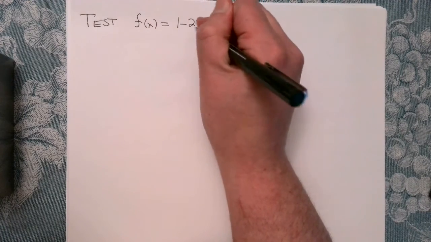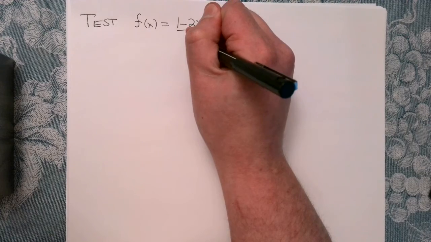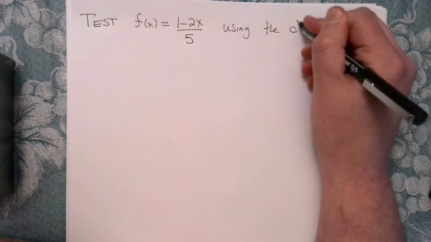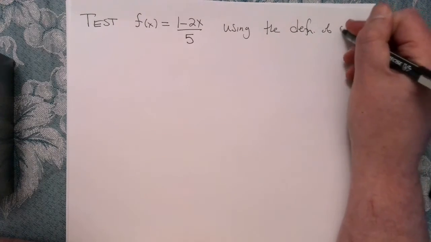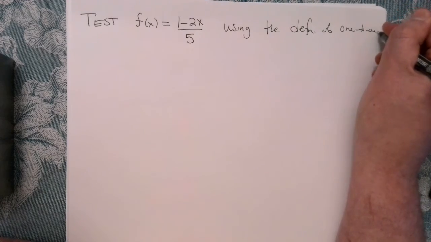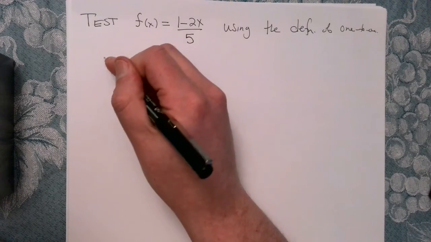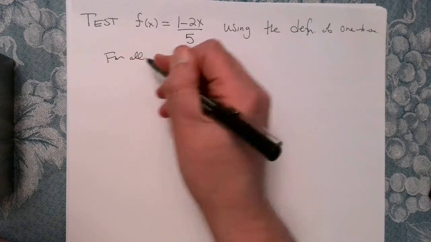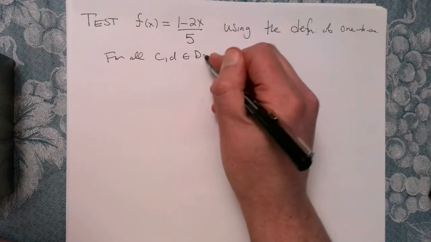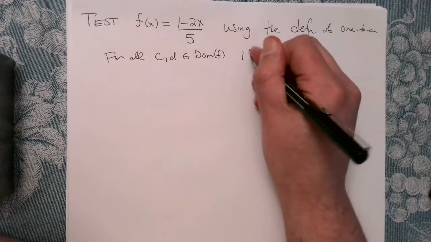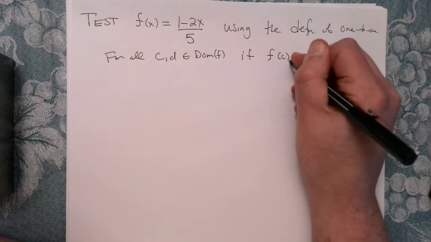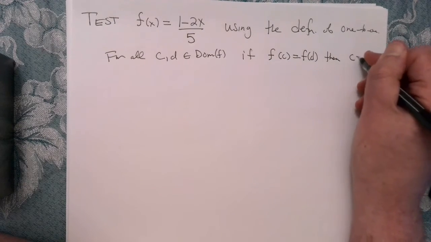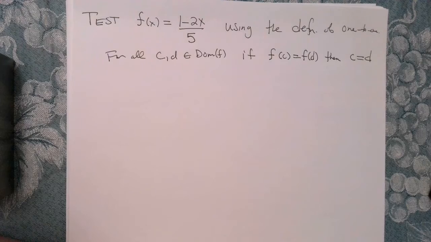So we're going to test for invertibility by checking if this is one-to-one. So remember, we want to check for all C and D in the domain of f: if f of C equals f of D, then we must have C equals D. That's our test for one-to-oneness.